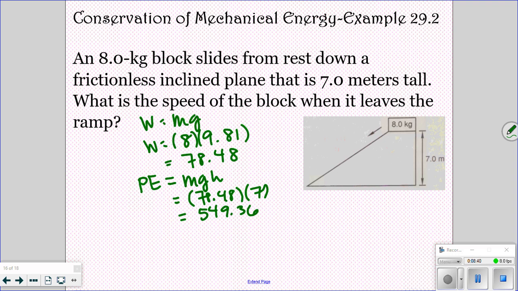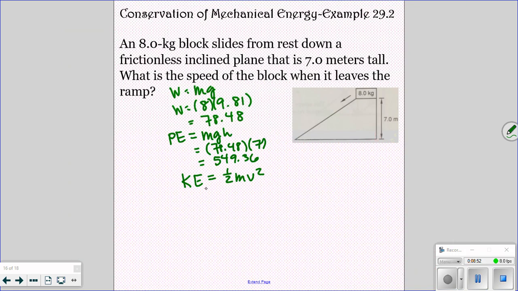And we want to know the speed of the block when it leaves the ramp. So that's dealing with the kinetic energy. Your kinetic energy formula is 1/2 mv squared. So this number has to equal your kinetic energy: 549.36 equals 1/2 mv squared. Our m, we know that it is 8.